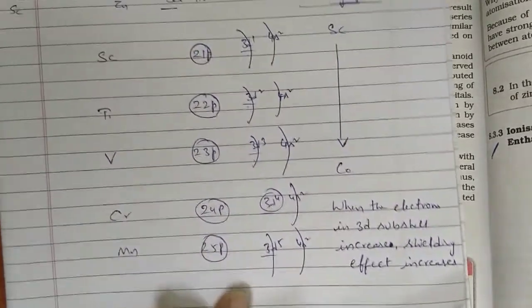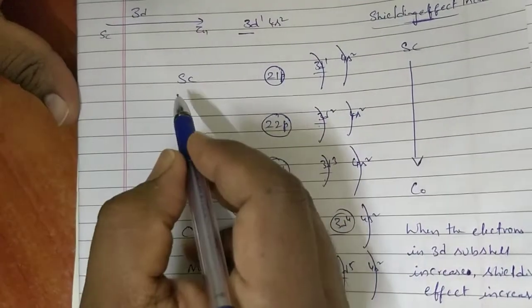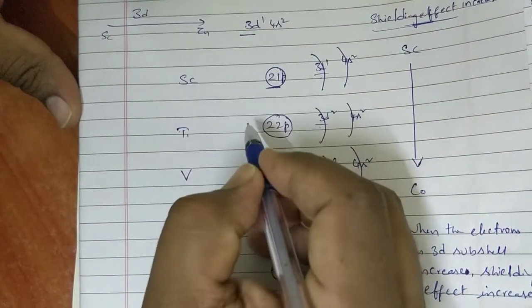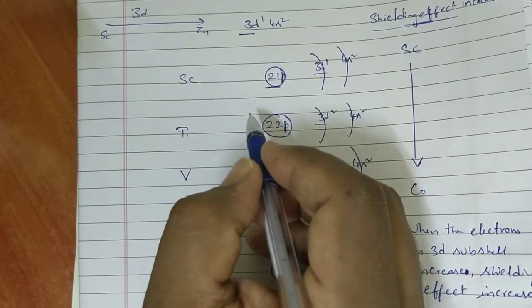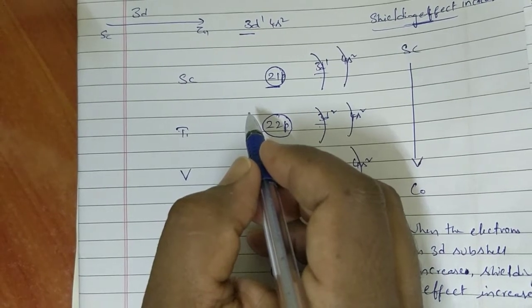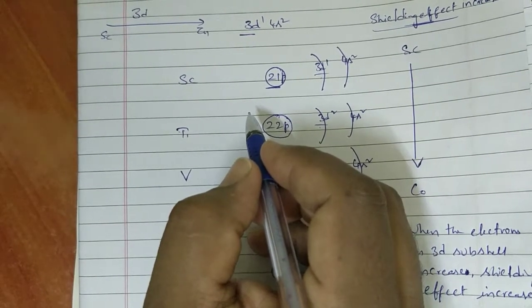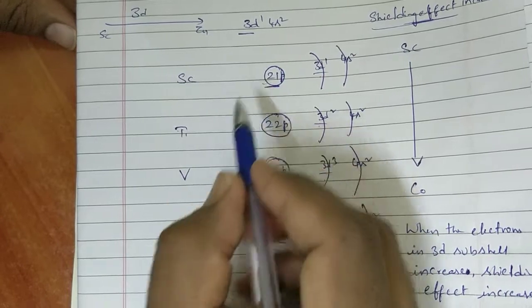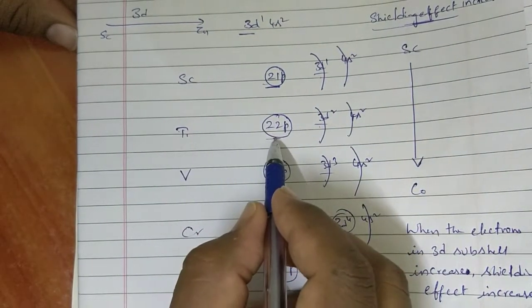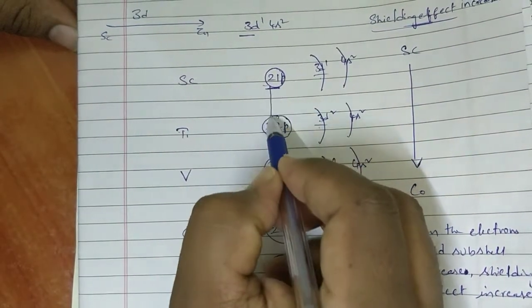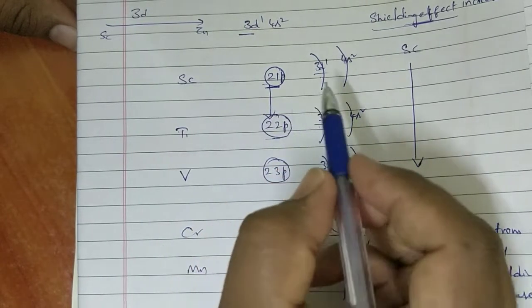But one small explanation is, scandium contains 21 protons. Titanium contains 22. Nuclear charge is increased.